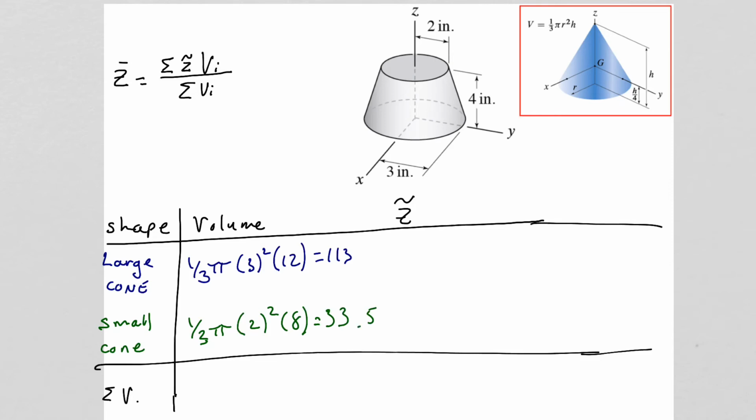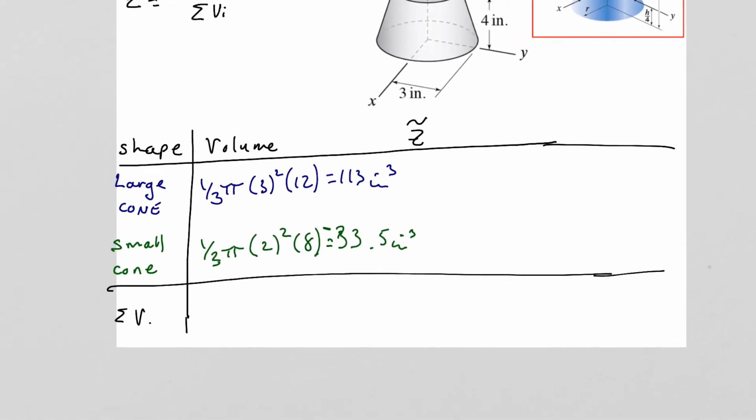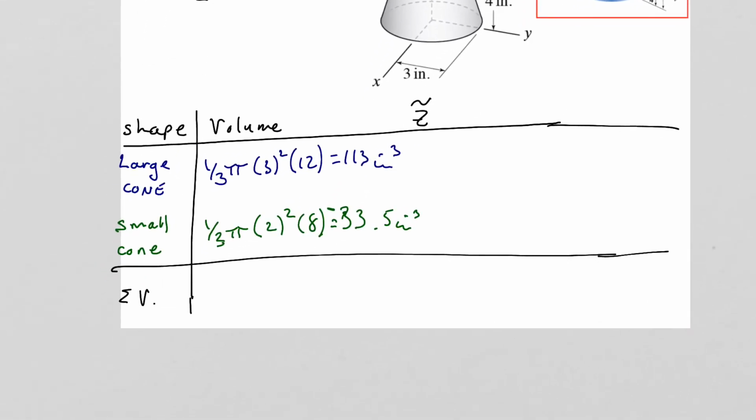This is volume, so this is inches cubed. Okay, so if we add up these volumes, we have 113 minus 33.5. We end up at 79.5 inches cubed.